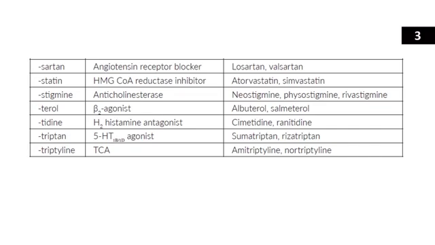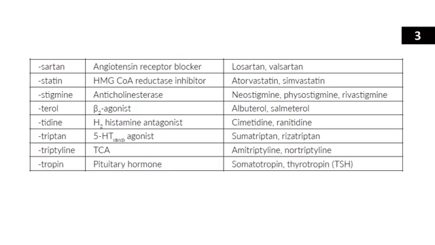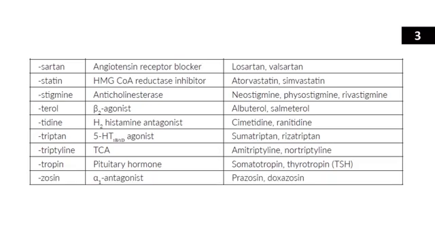Amitriptyline and nortriptyline would be examples. So TCAs can either end in -ipramine or -triptyline. -tropin are pituitary hormones like somatotropin. And the last one is -zosin, which are the alpha-1 antagonists like prazosin and doxazosin.